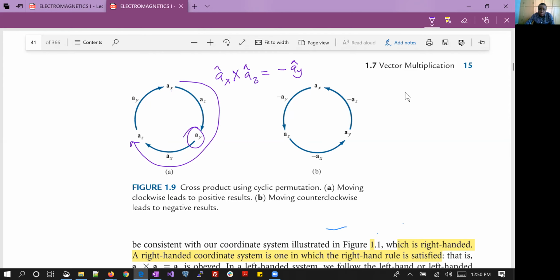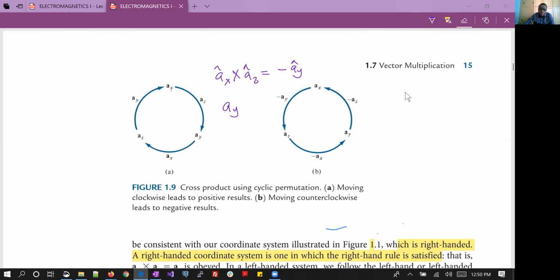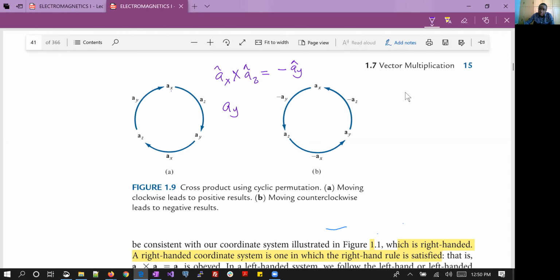So if you have AY, let me draw another one. If you are here and you are here and then you jumped to AX, such that you have now AY cross AX. Because you jumped this guy, it becomes negative AZ.